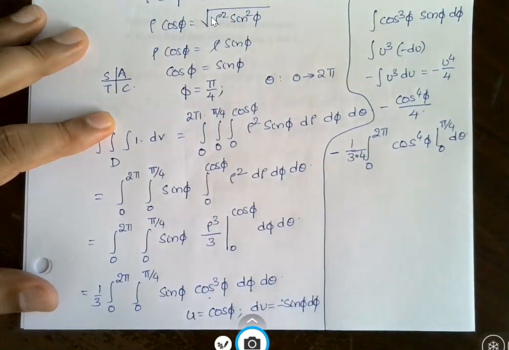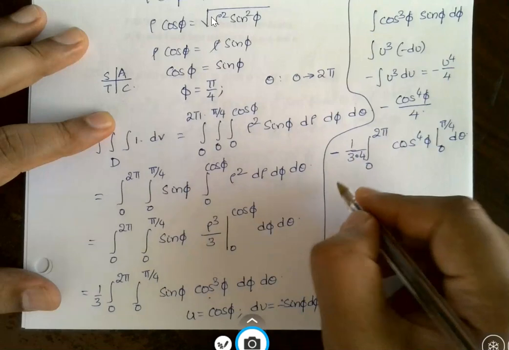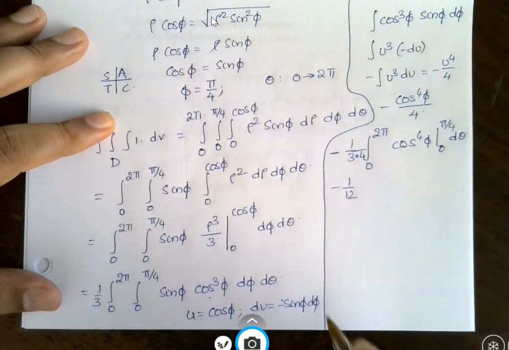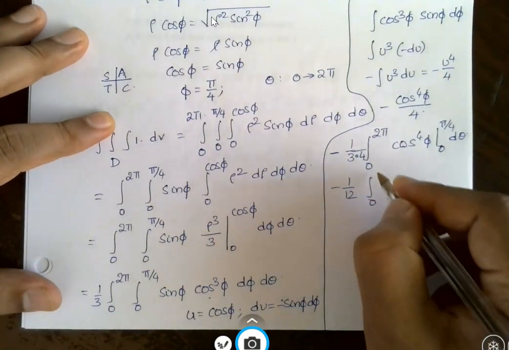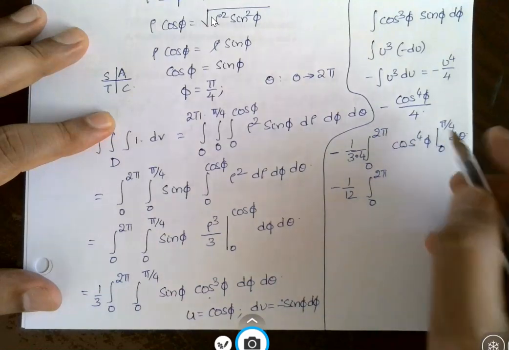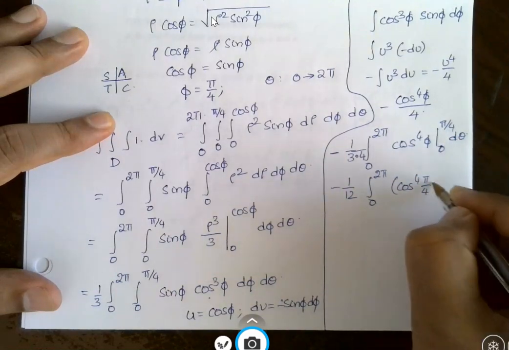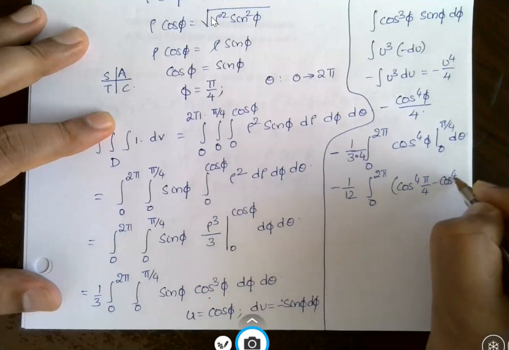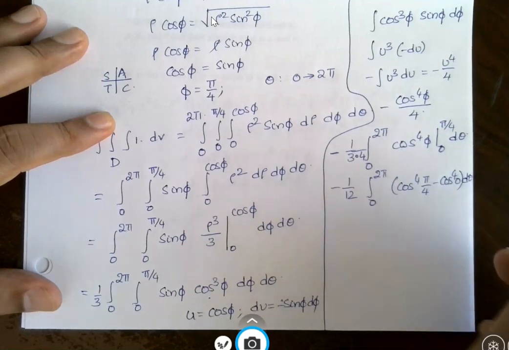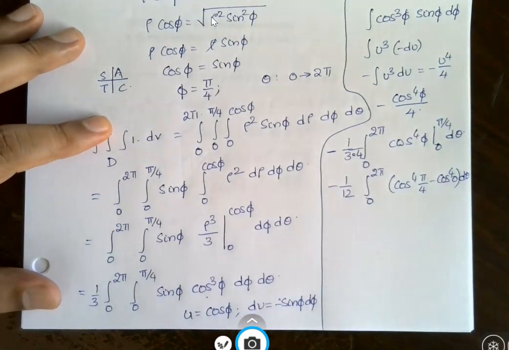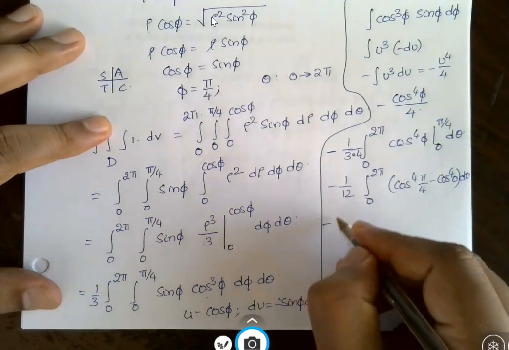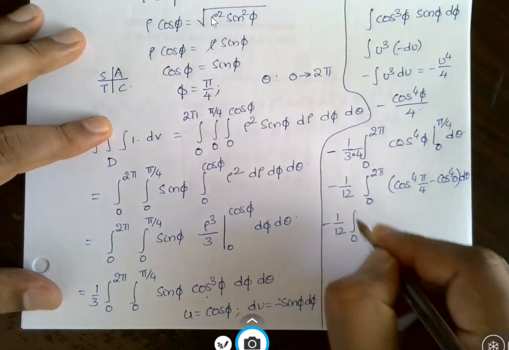I hope you are with me on that. And so that gives you negative 1 over 12, integral 0 to 2 pi. When I substitute that, I get cosine to the 4 of pi over 4 minus cosine to the 4 of 0, d theta. It's too little, but I hope you can see it.